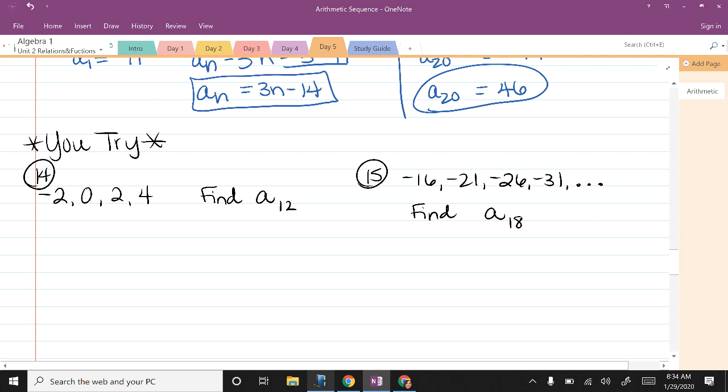So write the rule, and plug it in and find that number. It says 12th term and the 18th term.